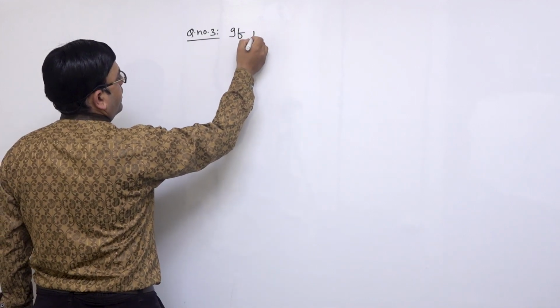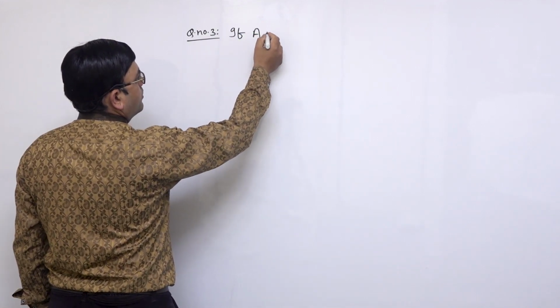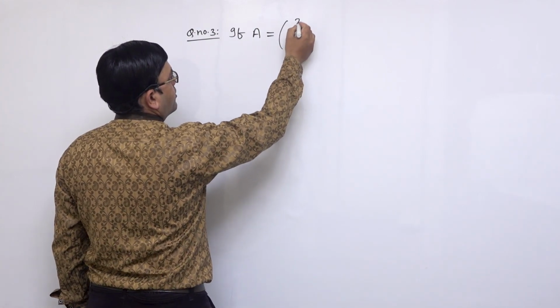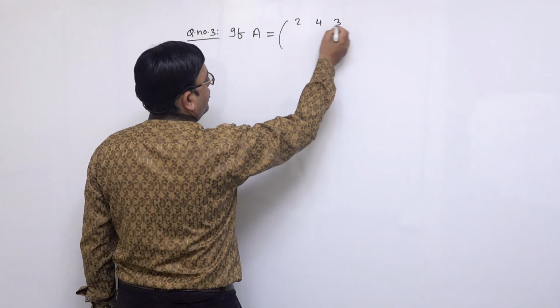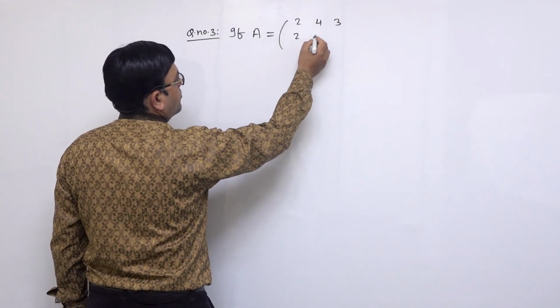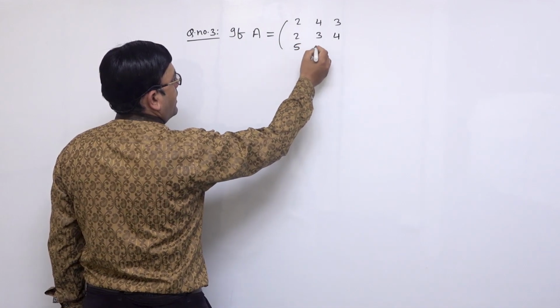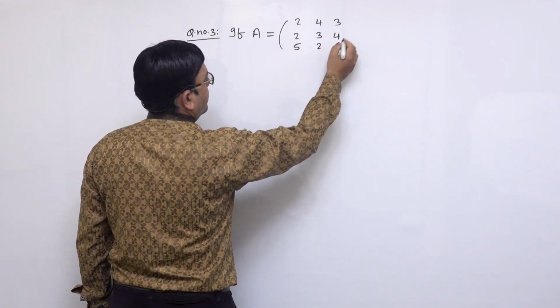Suppose A is a 3 by 3 matrix: 2 4 3, similarly 2 3 4, and 5 2 6.